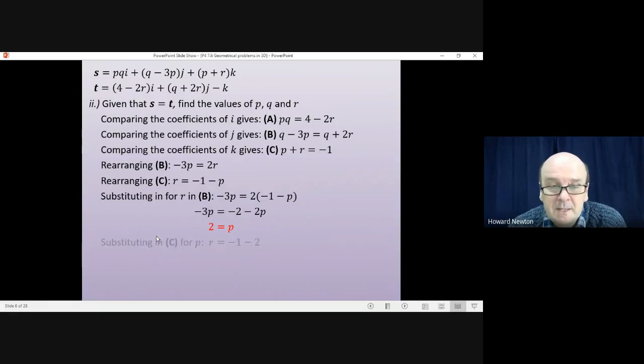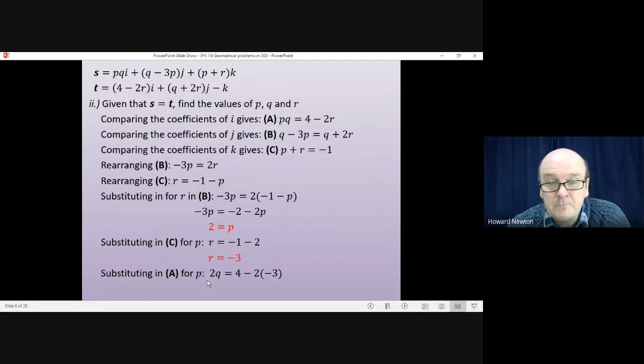Having found p, I'll then substitute that value into equation C, which gives me r = -1 - 2 when I move p to the other side. That gives me r is equal to -3. And now I'll substitute the value of p into equation A to find q, which gives me 2q = 4 - 2 times -3, which means 2q is equal to 10 and q is equal to 5. And that's what they asked us to do. We found p, q, and r.